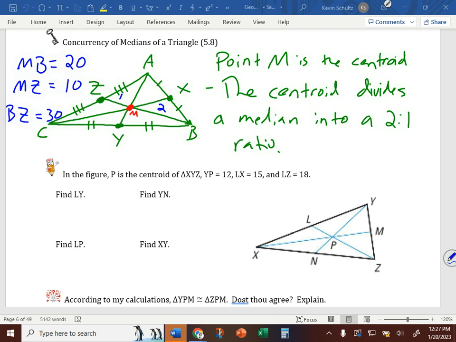So, if you knew that MB was 20, and you put that 20 in a 2-to-1 ratio, then MZ would have to be 10. Okay, it's half the length of BM, right? Or BM is twice the length of ZM. And then total, if you've got one section that is 20, the other section that is 10, total, it gives you BZ, which is 30. Okay? Because like we talked about last year with ratios, 2 parts make a whole.